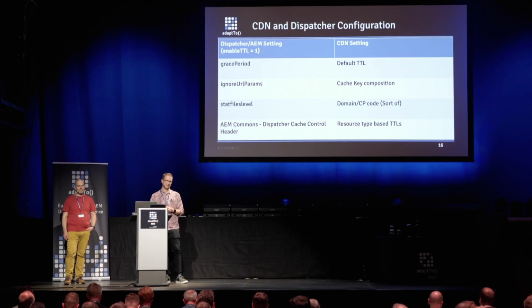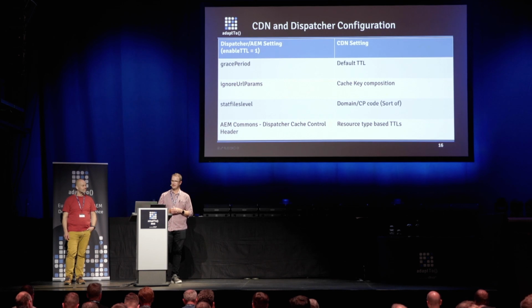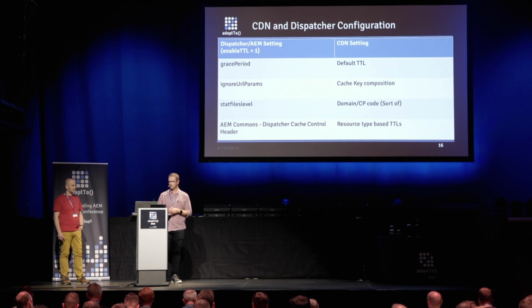And then the last thing, which is not out of the box in AEM 6.5 at least, is a way to actually control these max age values of the cache control header, and that is to use the ACS Commons dispatcher cache control header extension. This allows you, similar to in a CDN, to set time to live based on resource types, based on paths, and it really allows you to fine-tune how long your various resources are active.